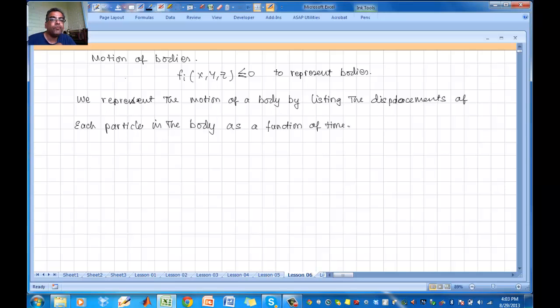Now, if you had only a few particles, then you could number the particles 1, 2, 3 and so on. So what we need is a way to label the particles.